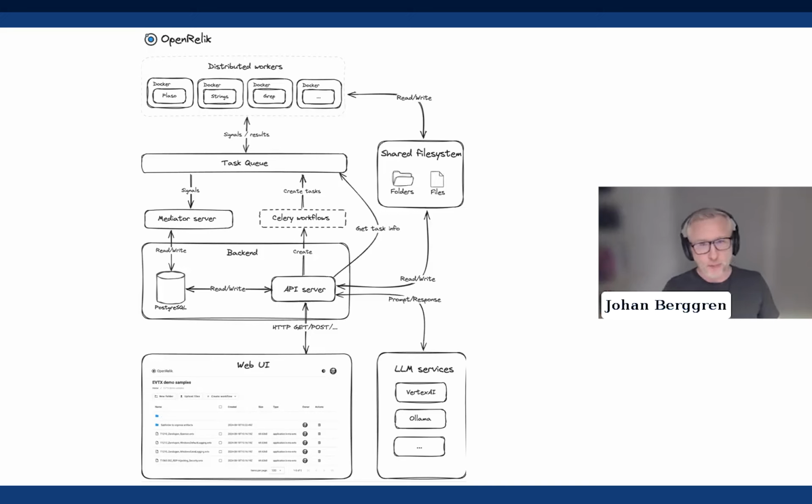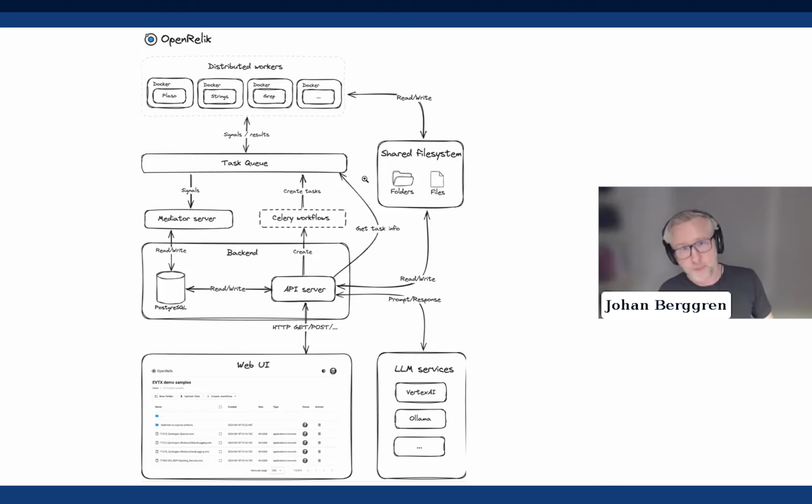But what we did was creating this mediator server sitting in between the core system, meaning the API server, the database, and all of that stuff, and the workers. And the workers only communicate via messages. So it's kind of a message passing system here, where they send messages, the mediator server catches those messages and mediates that information back to the backend system, which means that we can have zero dependency on the core system from the workers, which is a nice feature there.